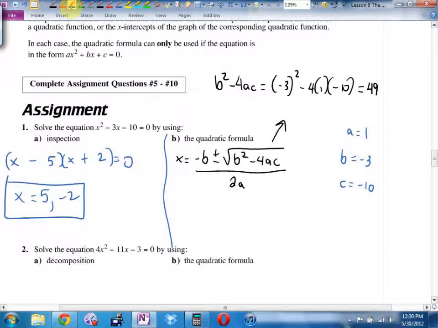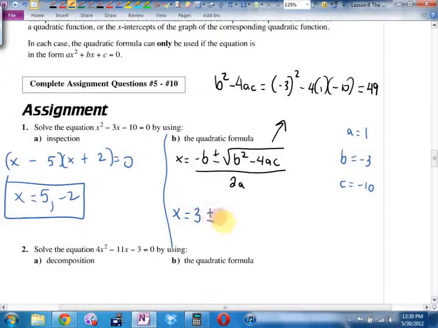So I get this. X equals... What's B? What's negative B? 3.